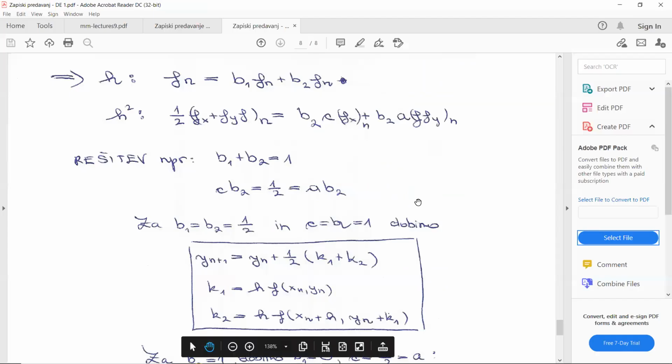We have S slopes and S coefficients, and then we have to compute those coefficients so that the Taylor series will be equal up to some term. So the order of the Runge-Kutta method tells us how many tangents we have taken. Yes, exactly.